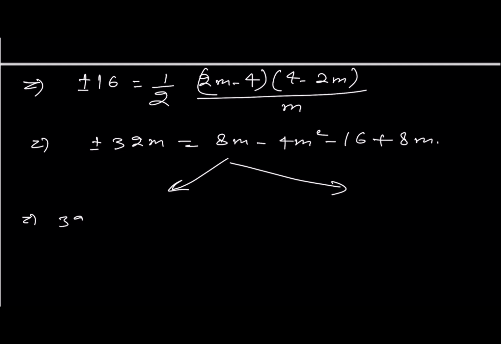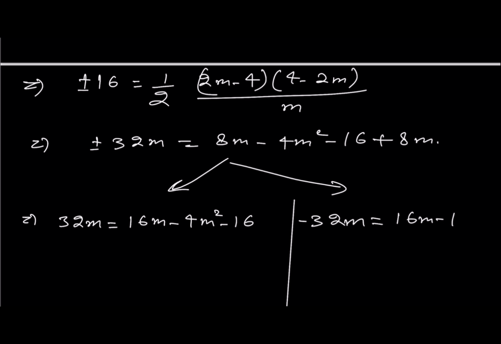So 32m is equal to 16m − 4m² − 16, and the second one is −32m is equal to 16m − 4m² − 16.